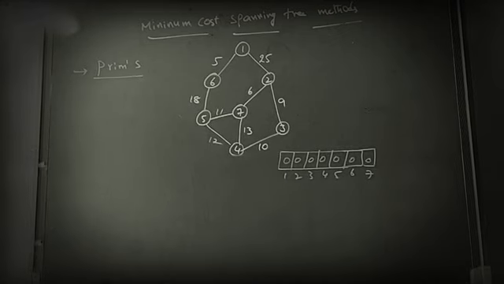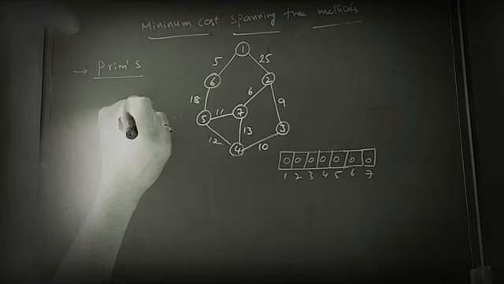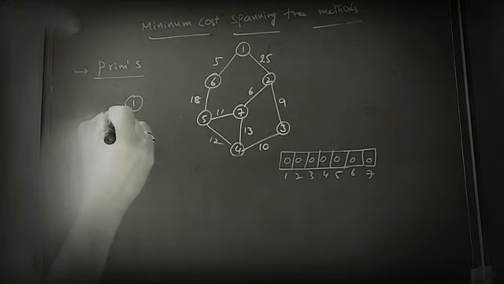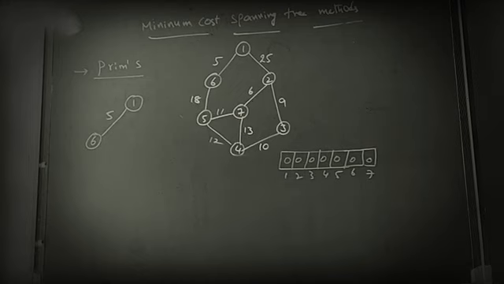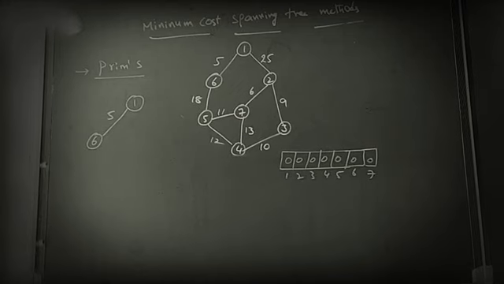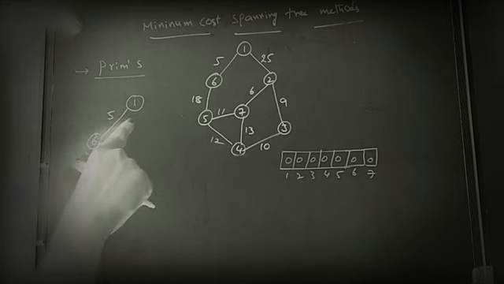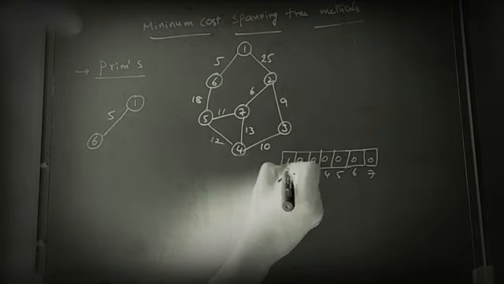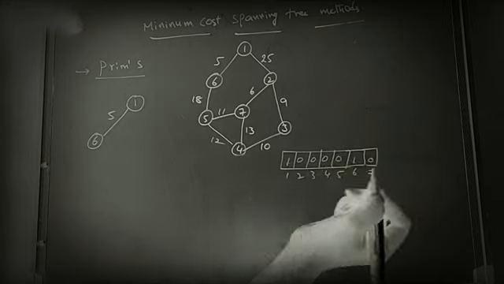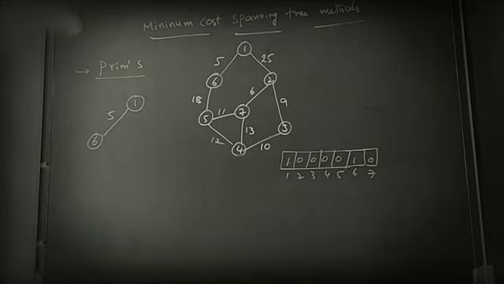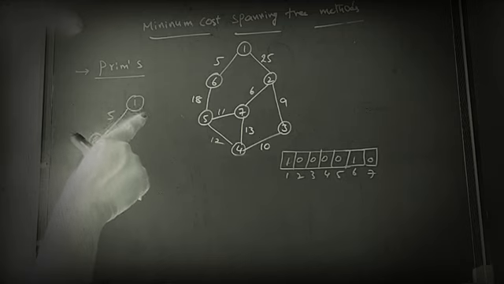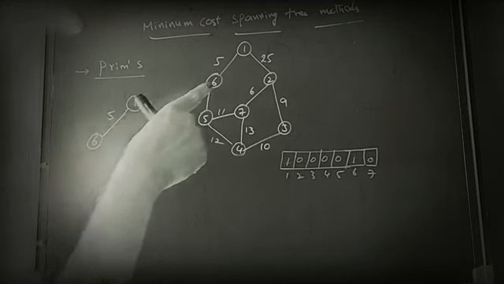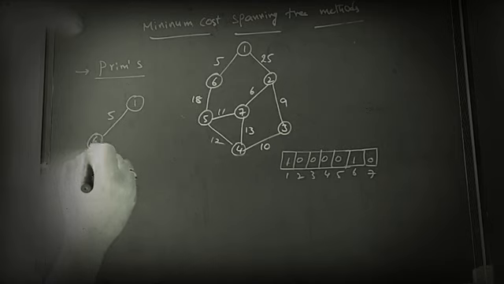First step is take the minimum edge. Minimum edge is 1 to 6. Next take another minimum edge, but select the minimum edge only from adjacent nodes of already visited nodes. 1 and 6 are visited. From these nodes only we have to select the minimum edge. 1's adjacent edge is 25, 6's adjacent edge is 18. So minimum is 18.